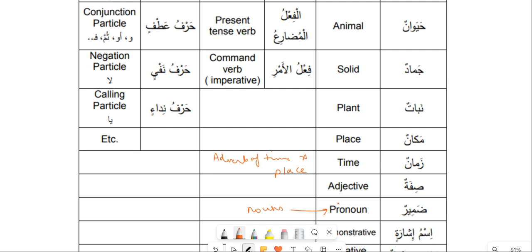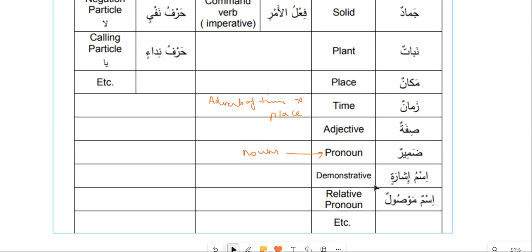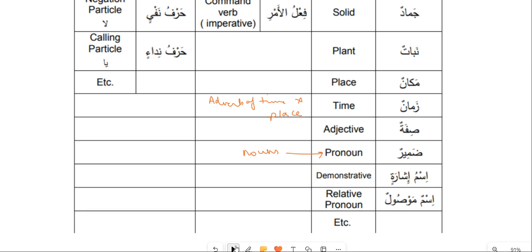And then we have ismal ishara, that means the demonstrative pronoun. For example, we have هذا, هذه, all these. Then اسم موصول, الذين.